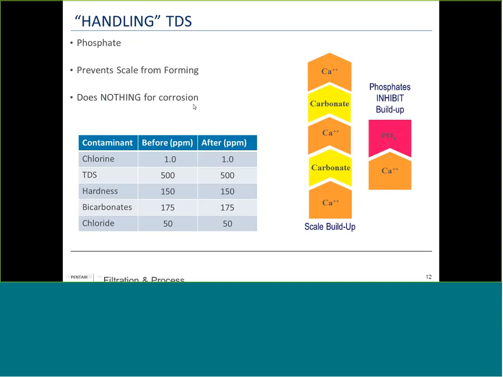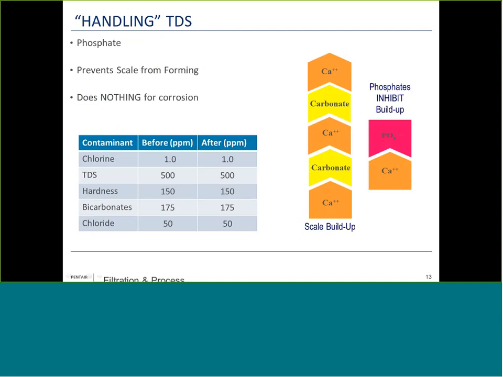Now, when we're talking about removing TDS, we're talking about using reverse osmosis, which essentially is a very fine mechanical filter like a cartridge, but the holes are so tight that we're actually straining out molecules. So it's down to even ionic levels of mineral content like calcium and magnesium.